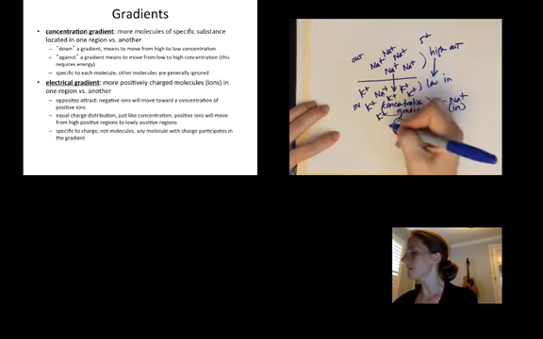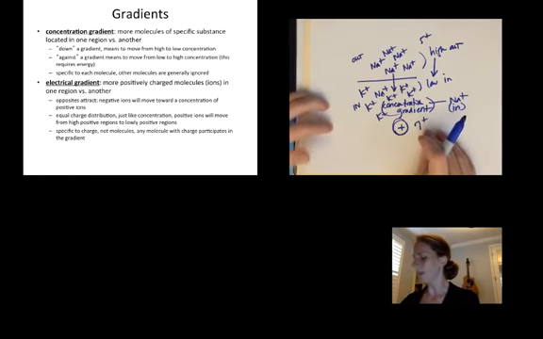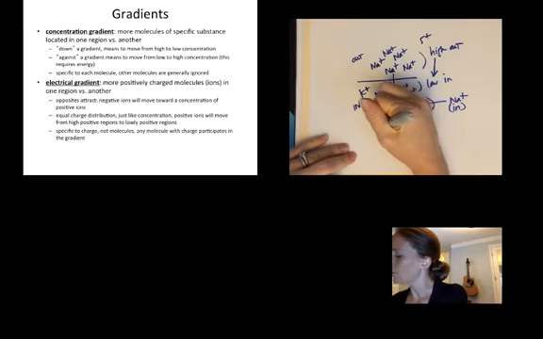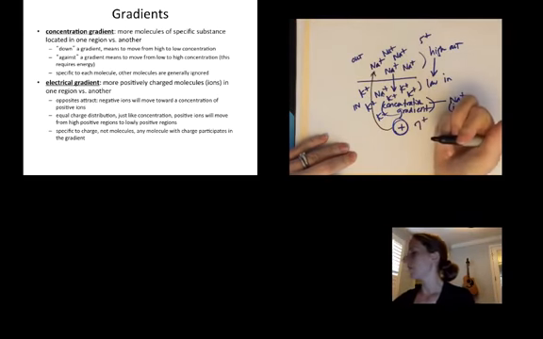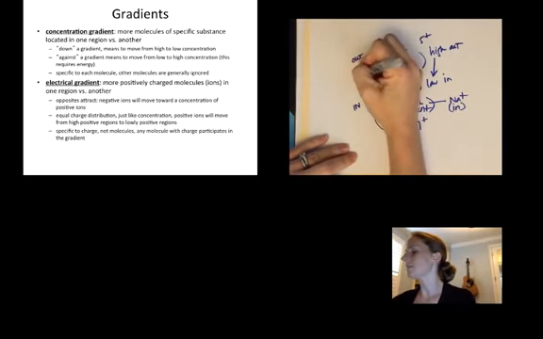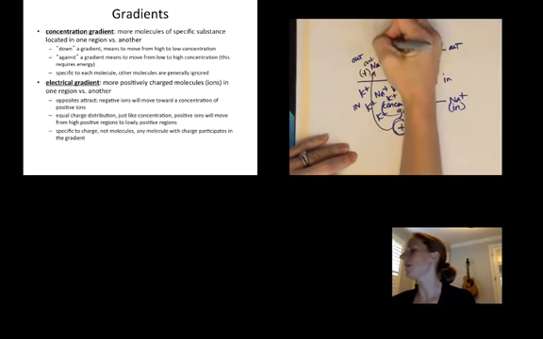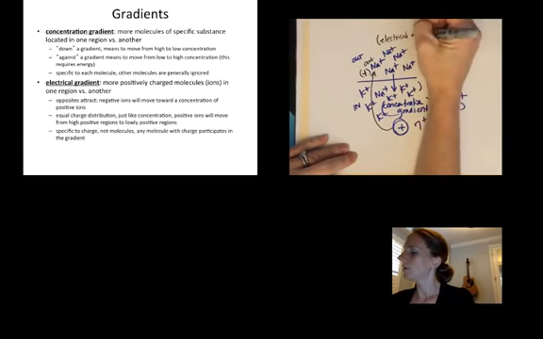So in the case of the electrical gradient, then we have a driving force for the positive ions to move out. So in this example, we have electrical out.